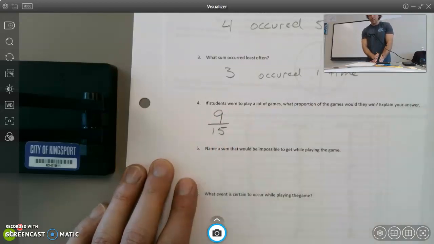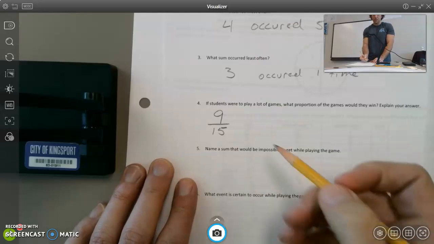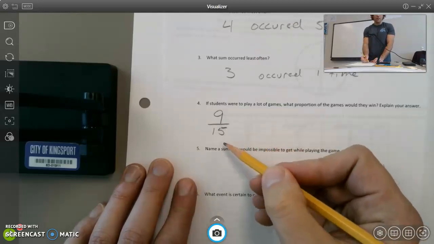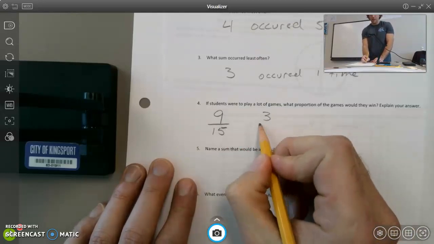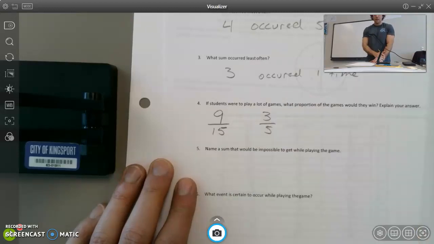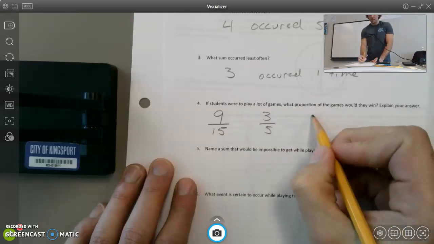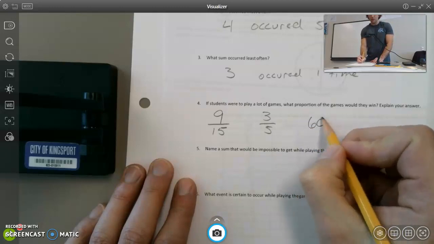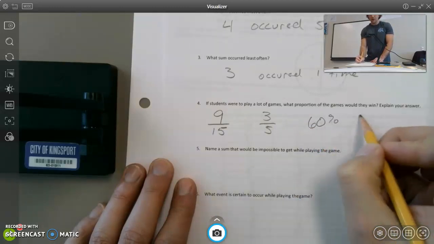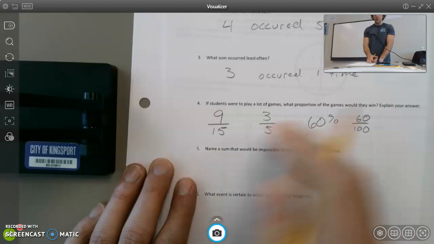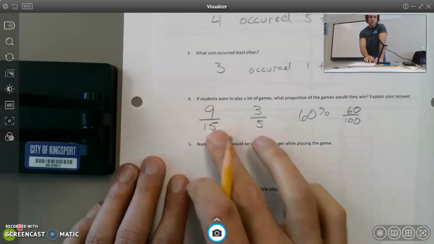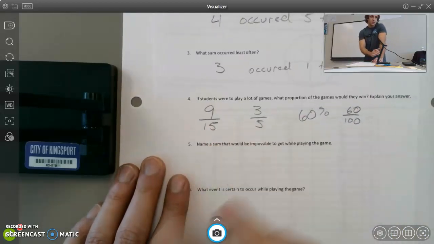So if we were to think about how many students would win, they would win 9 out of every 15, or that could be simplified to 3/5. Or we could say 60% or 60 out of 100. These are all acceptable. Based on our experience, we can assume students would win about 60% of the time.